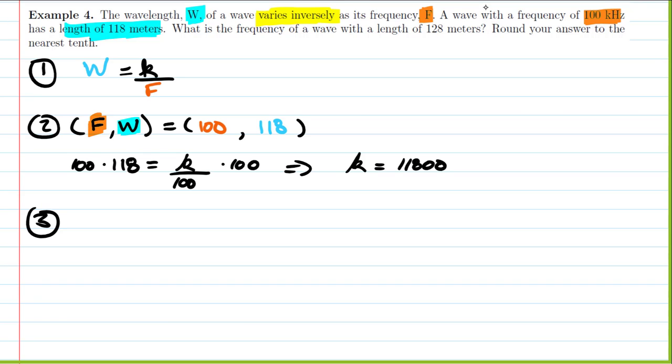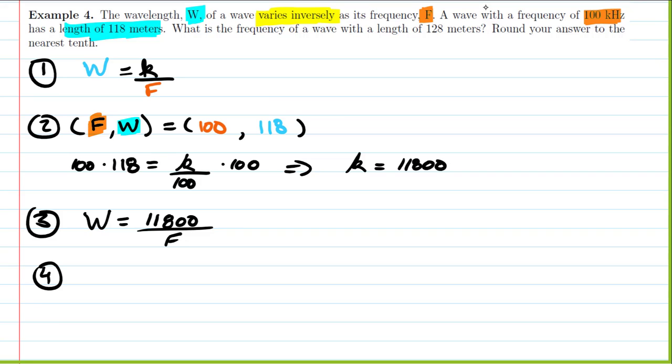Step 3 says we put K back into our equation from step 1. So W is equal to 11,800 divided by F. Finally, step 4 is we wish to answer the question.